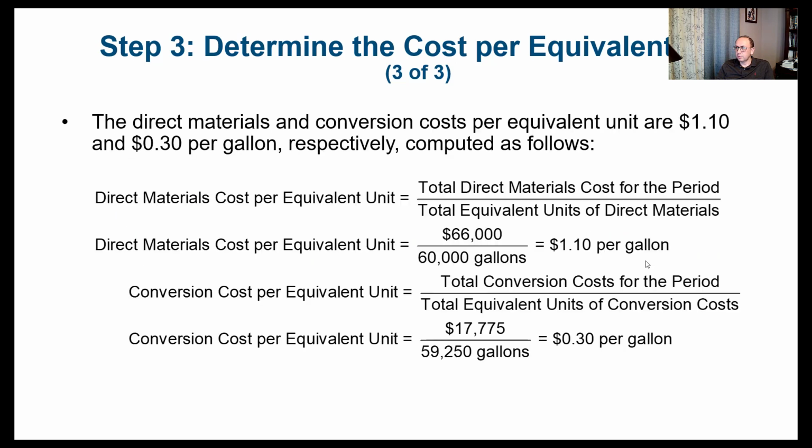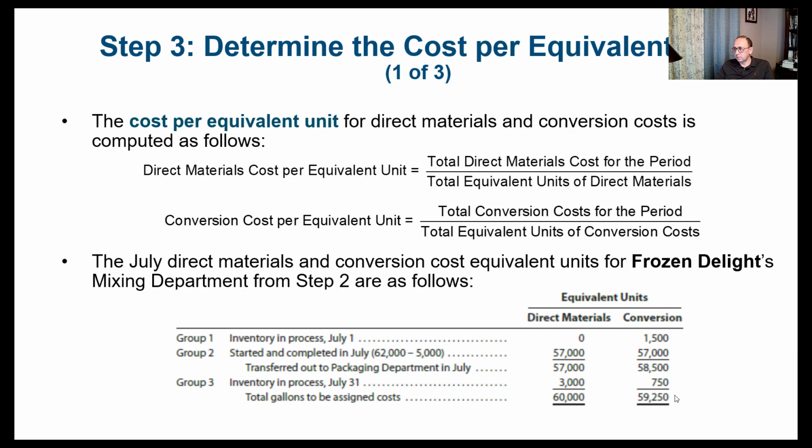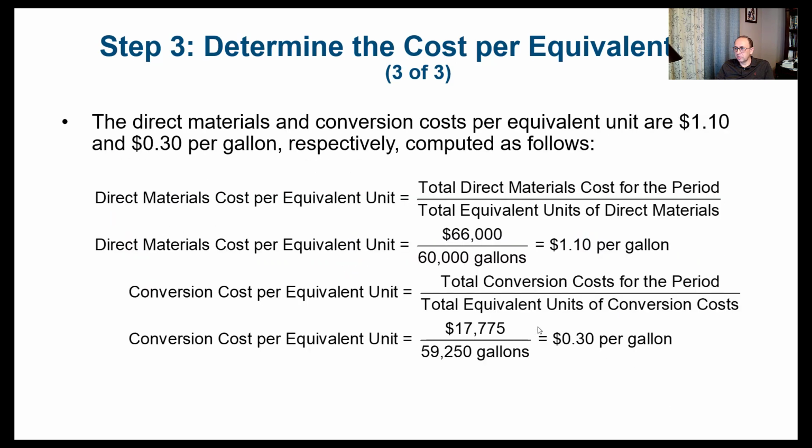And then we're going to divide it by 59,250. Where did we get this from? This is this number here. So 17,775 divided by 59,250, and the conversion cost per equivalent unit is 30 cents per gallon. So I hope this made it clear.